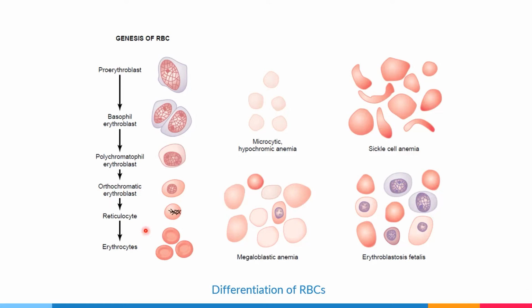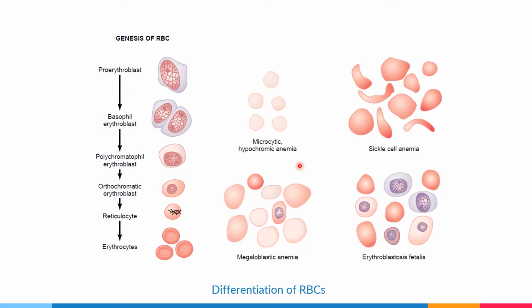Finally, this reticulocyte, after 1 or 2 days, removes all its basic material and forms the mature erythrocyte. This is the differentiation of all the RBCs from the proerythroblast to finally the erythrocytes.